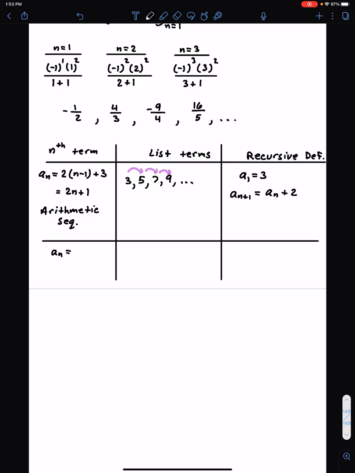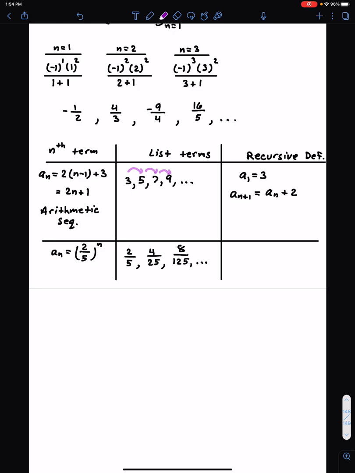If I have the explicit form, a sub n equals (2/5) to the n. When n is 1, the first term is 2/5. When n is 2, 4/25. When n is 3, 8/125.